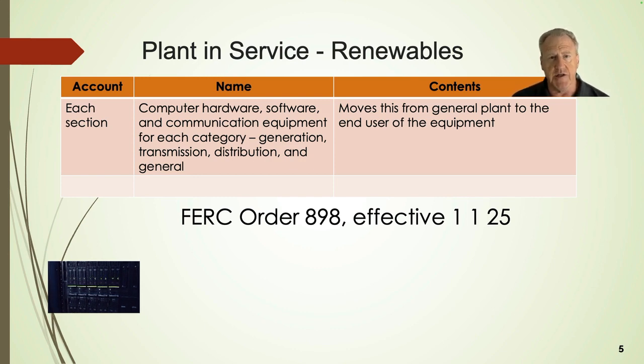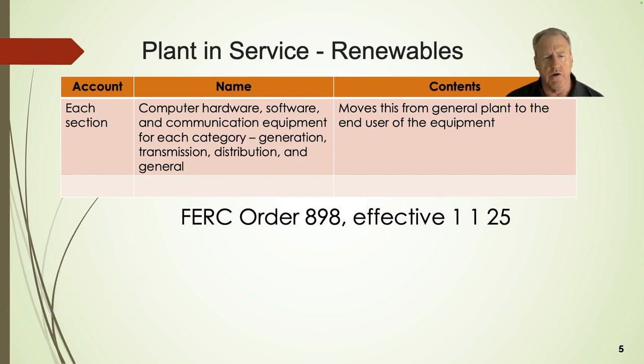If you have a SCADA system, that's probably more distribution related assets. So you'd want to move it up to distribution assets. And same with generation for managing power output from your units or your other assets. Transmission, you have computer hardware and software for energy trading and those types of things, managing your transmission flow and all of that.